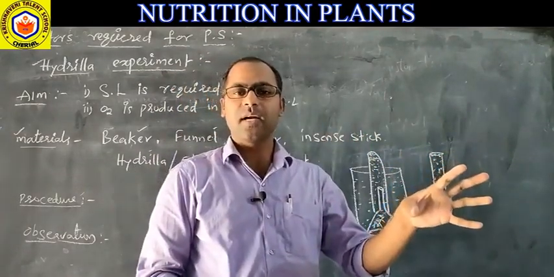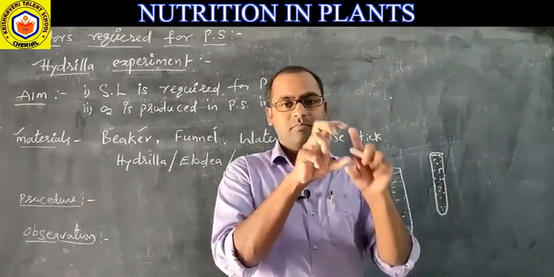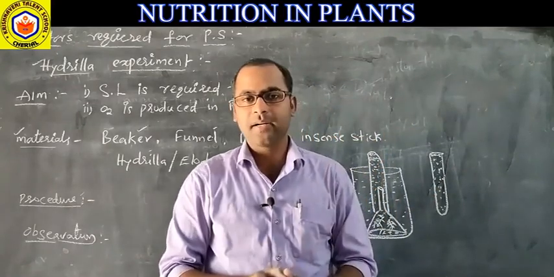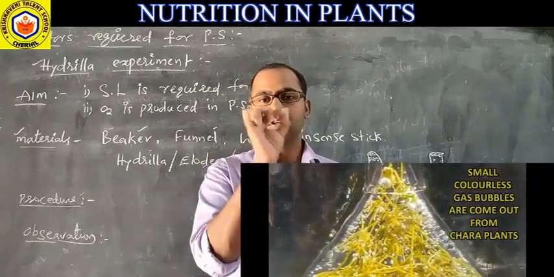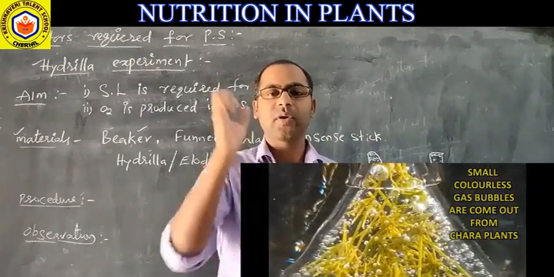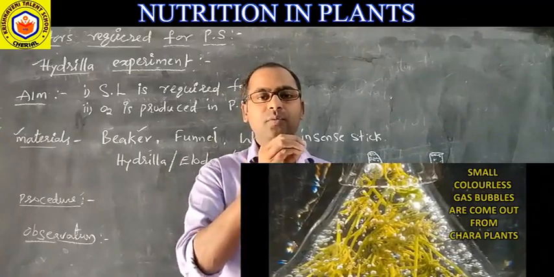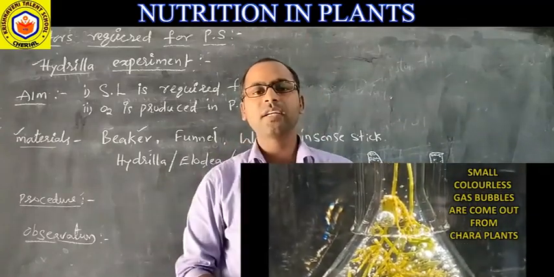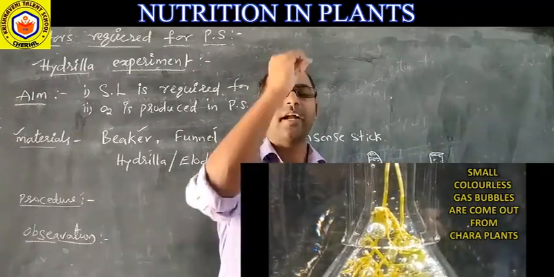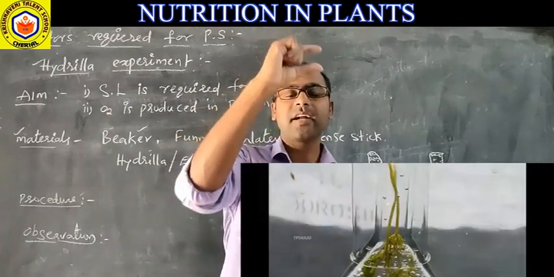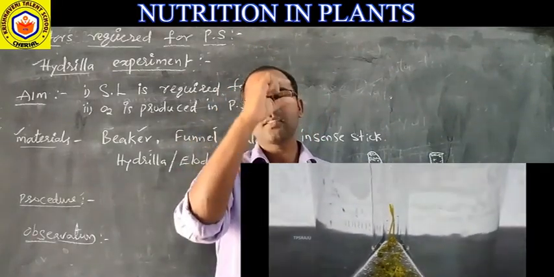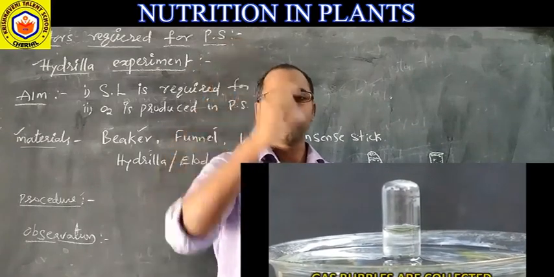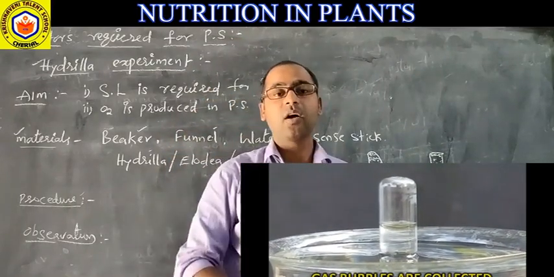In that, we can observe colorless gas bubbles at the top of the Hydrilla plant, the Cara plant, and inside the funnel. Those bubbles reach the end of the test tube and are collected there, and the water level inside the test tube drops.